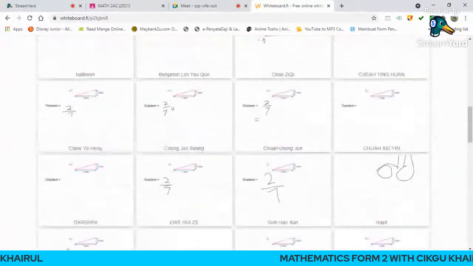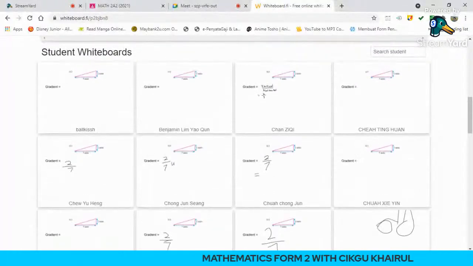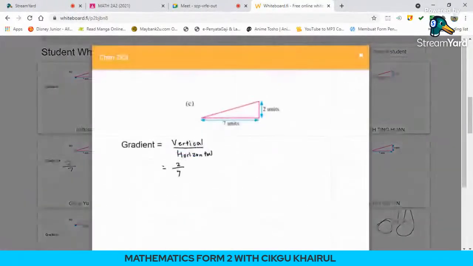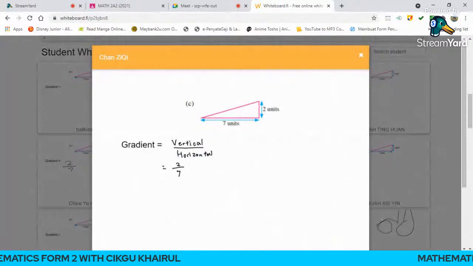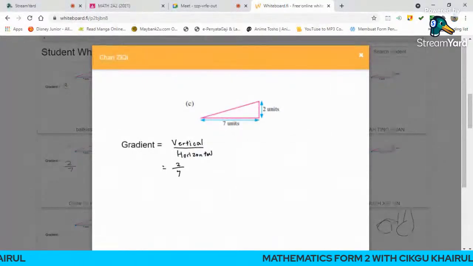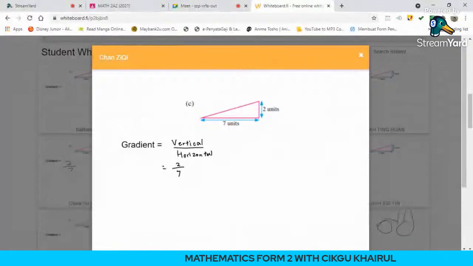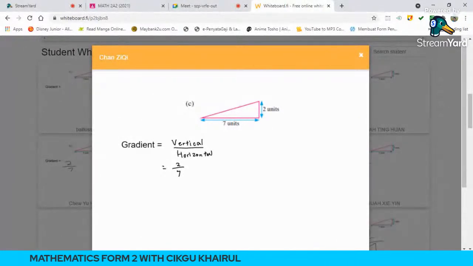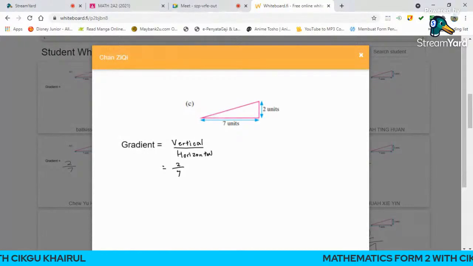Let me open this one from Chanziki. The answer: gradient equal to vertical over horizontal. Very good. And the answer is 2 over 7, not 7 over 2. Vertical divided by horizontal. 2 is vertical, horizontal is 7.